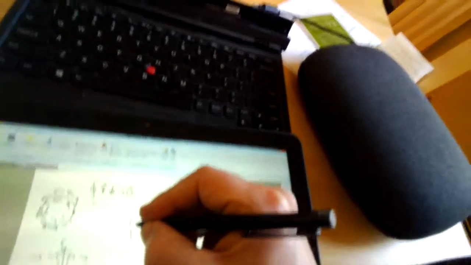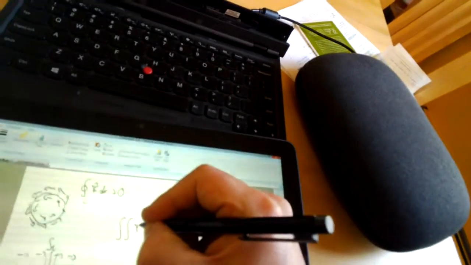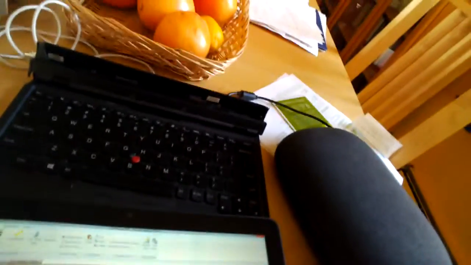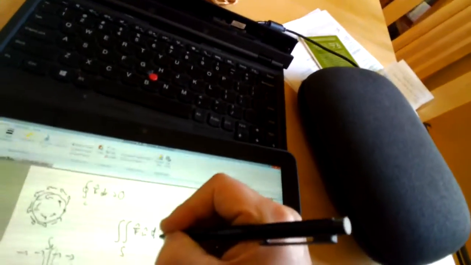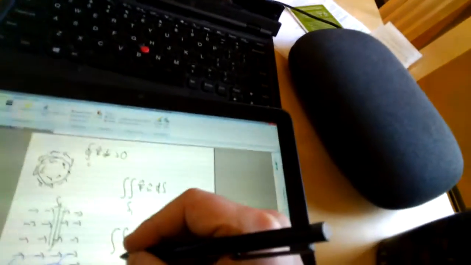I want to figure out what's the flux of the vector field F over the surface S1. This is the integral of F dot n dS over surface S1. And what is the flux over the surface S2?